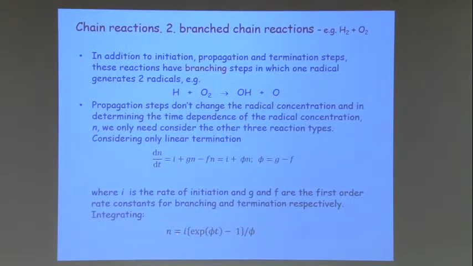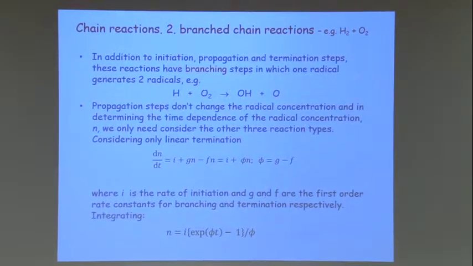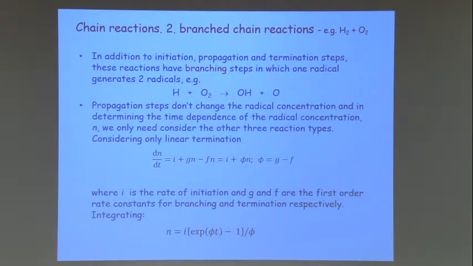And so we solve this, and we get this term down here, I over phi multiplied by the exponential of phi t minus 1, where phi is the difference between the rate constants for branching and the rate constant for termination. And what we did then was to look at what's going to happen if G minus F is slightly positive or slightly negative.